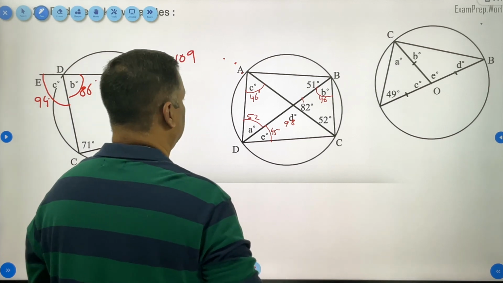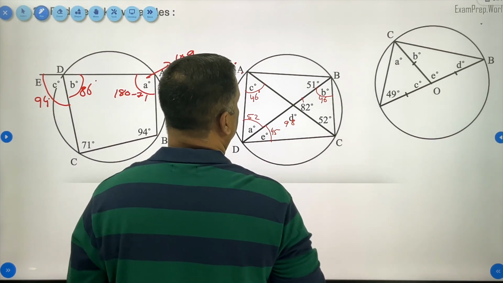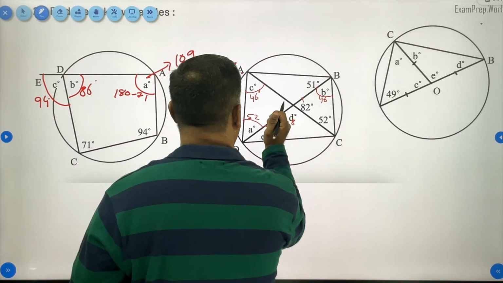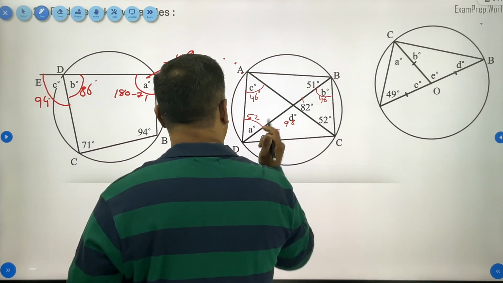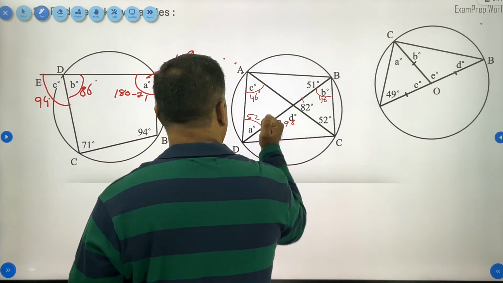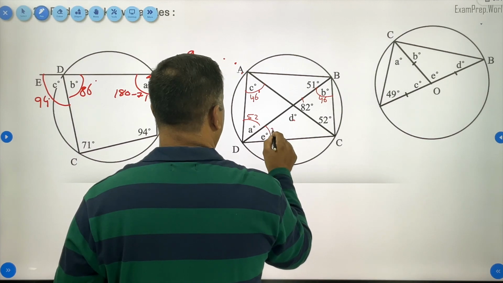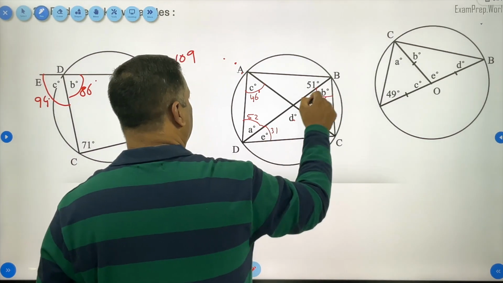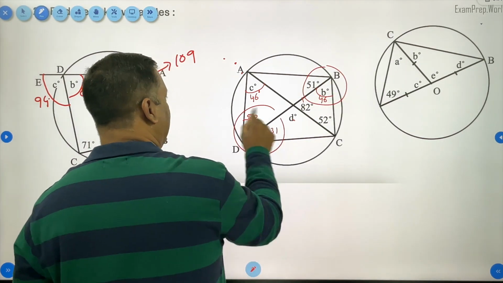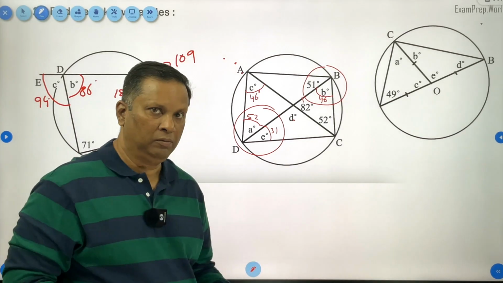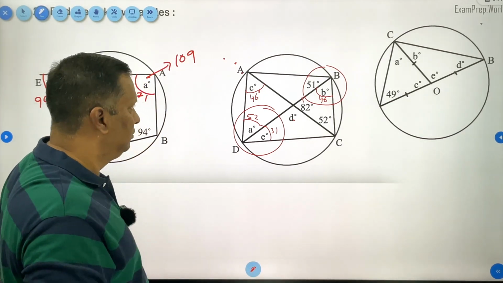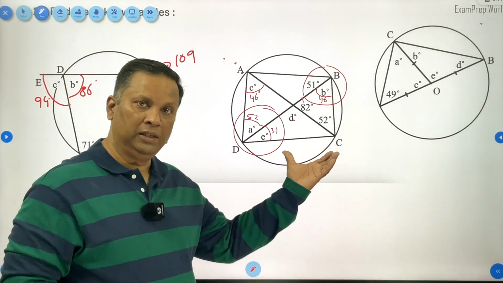What? E is 31. I'm so sorry, E is 31. Because the sum of this angle and this angle has to be 180. So with that, we got that angle is 31. Okay. So all angles done in this diagram.